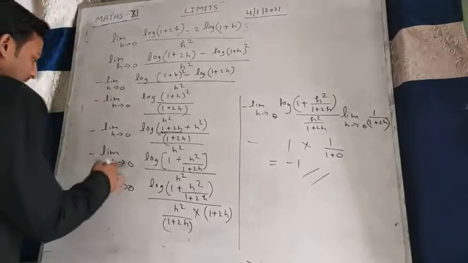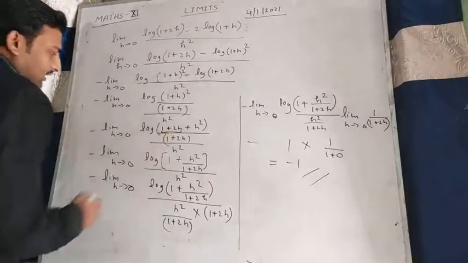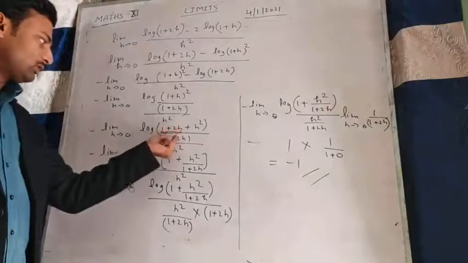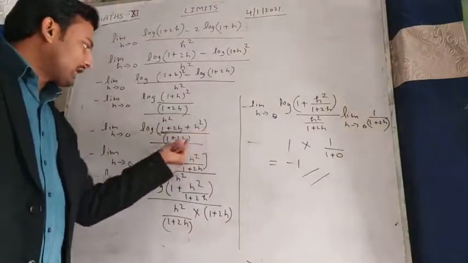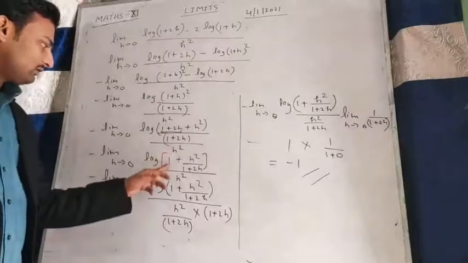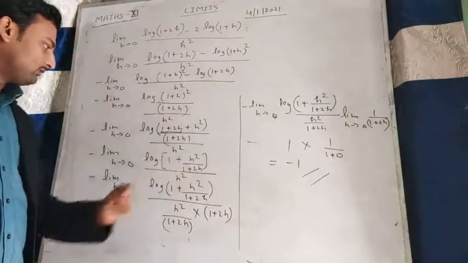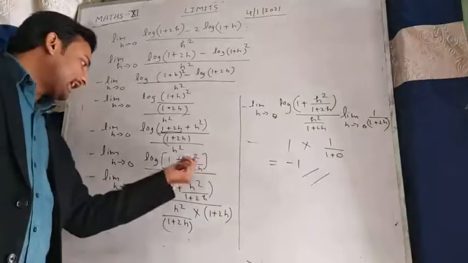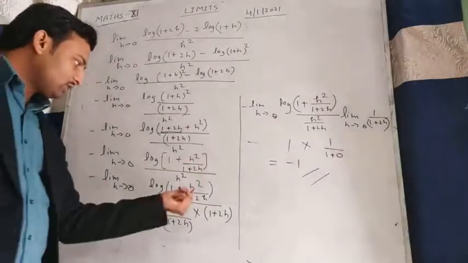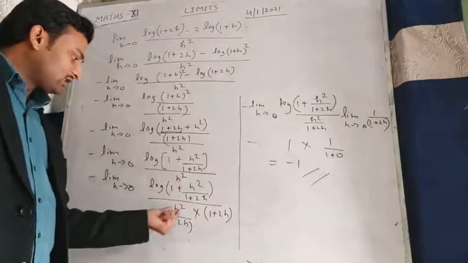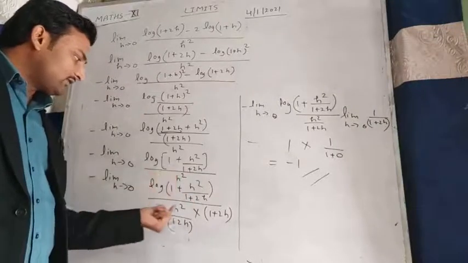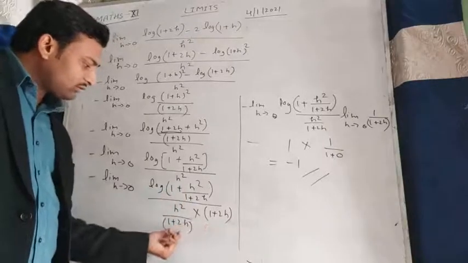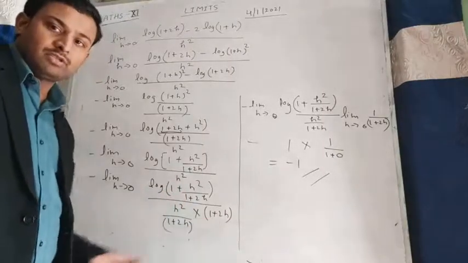So minus limit h tends to 0 log this part. Now we are separating these two. Okay, so we write 1 plus 2h by 1 plus 2h and h square by 1 plus 2h. So this part will be 1 and plus h square by 1 plus 2h. So limit h tends to 0 log 1 plus x. Okay, student, so this is our x. Now this is h square. So for making a standard result, we are dividing with 1 plus 2h and multiply with 1 plus 2h.